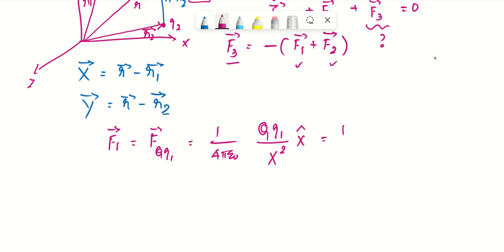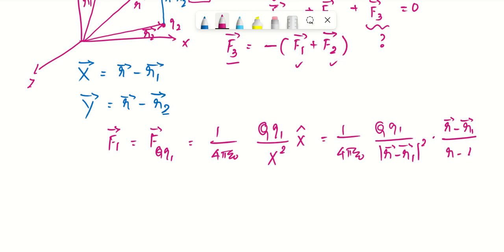This can be written as 1 by 4 pi epsilon naught, Q1 divided by modulus of R minus R1 vector, whole squared. According to the unit vector definition, we can write X cap as R minus R1 vector divided by its modulus.